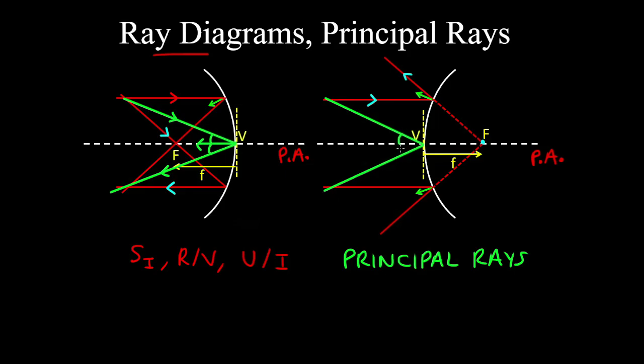So we have the angle of incidence being equal to the angle of reflection. And in this case, we can't really have a light ray going directly through the focus, as the focus is behind the mirror. So in general, we'd use these two types of principal rays for the case of a convex mirror, for example.